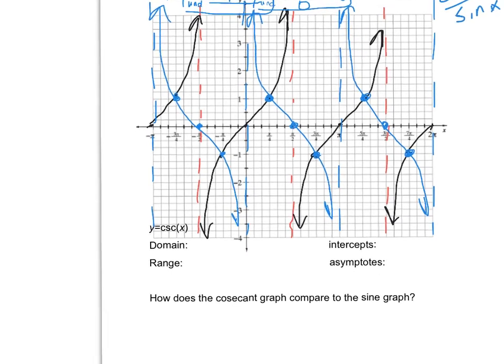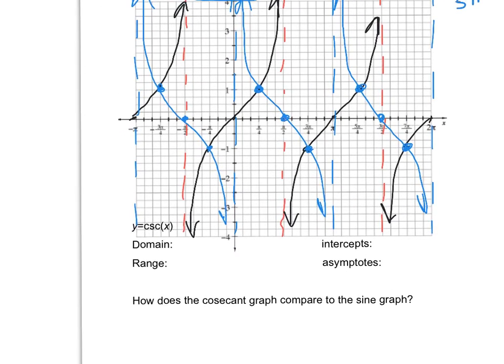Let's answer a couple more questions. I got a typo down here. We're going to be y equaling the cotangent x. In our domain, well, our domain is all reals except for where there are asymptotes.